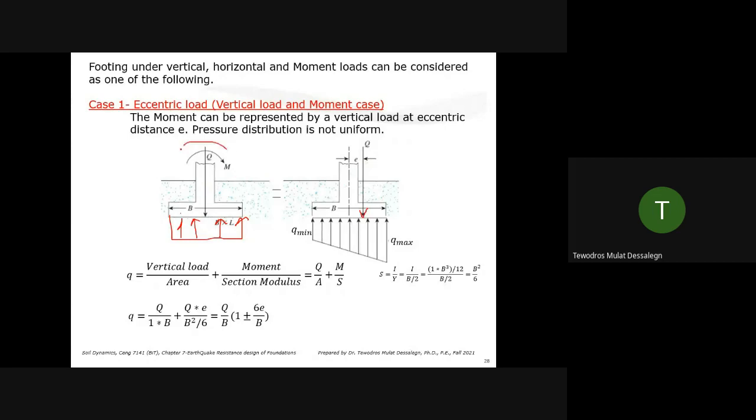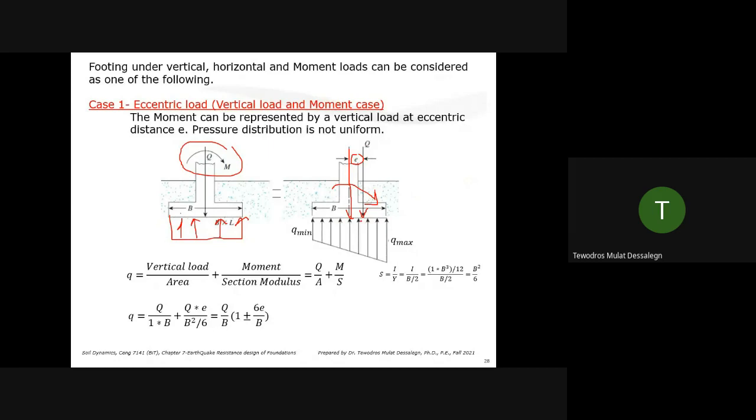Even if you come up with some moment at the base of that foundation, basically this axial load is acting at some eccentric distance, E. So you can move this equivalent load Q to E, or you can take the whole Q axial load right here, but it comes with some moment. So the two are equivalent.